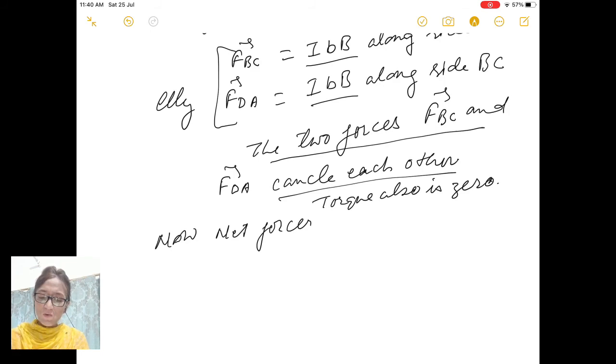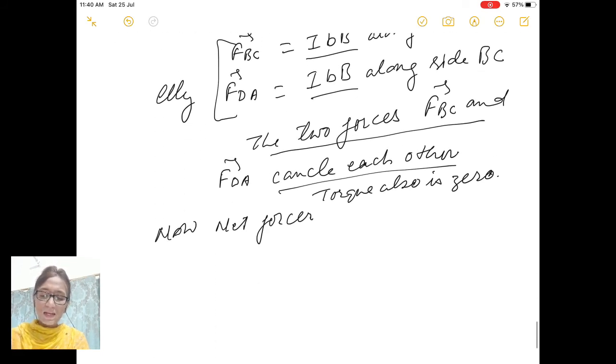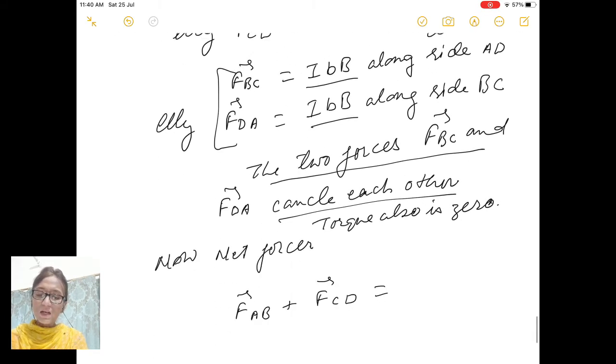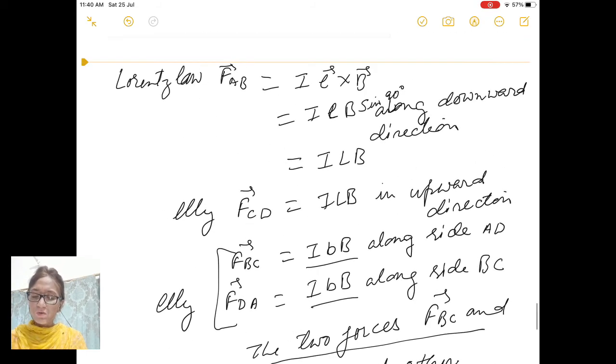So now the net force of the remaining two, FAB plus FCD, also becomes equal to 0 because it is plus ILB minus ILB, and this becomes equal to 0.